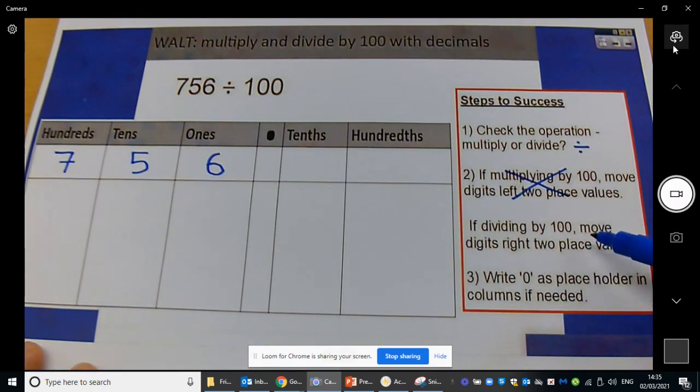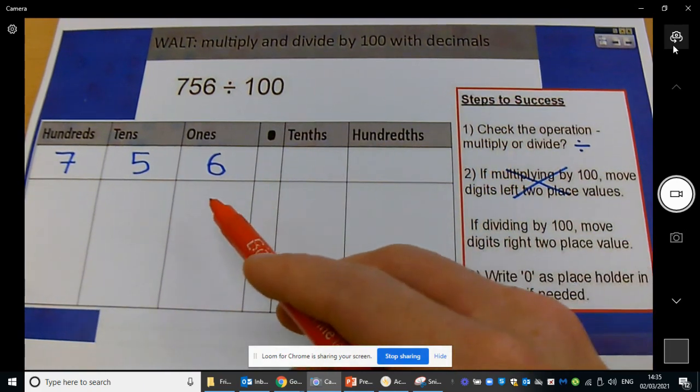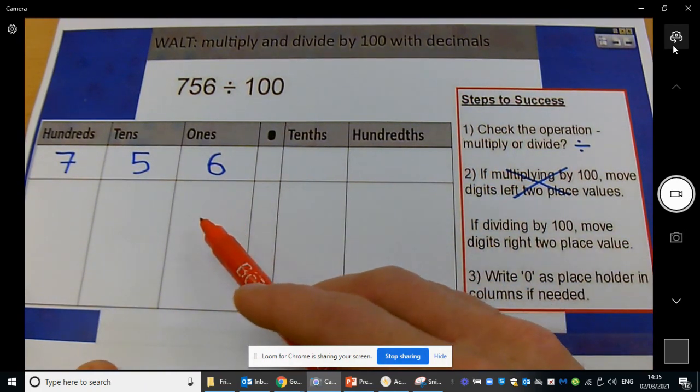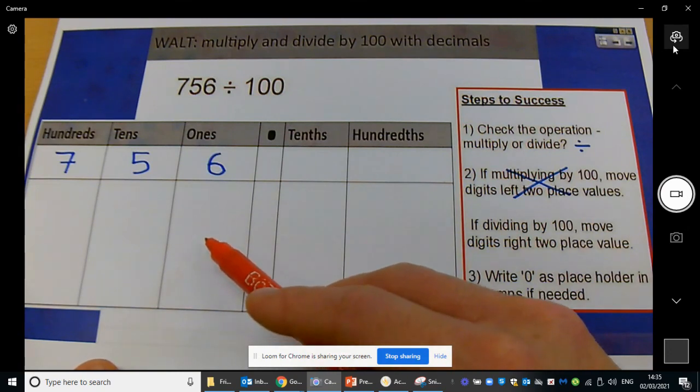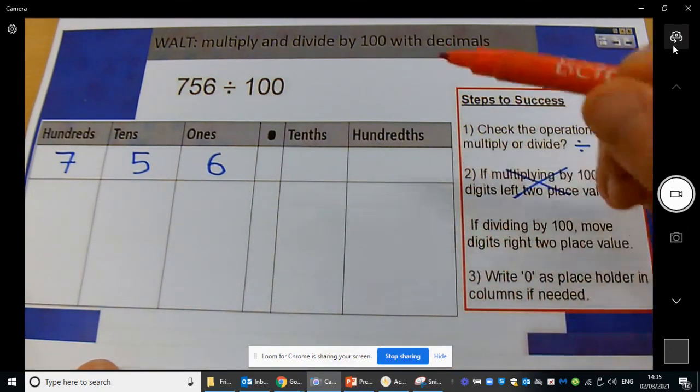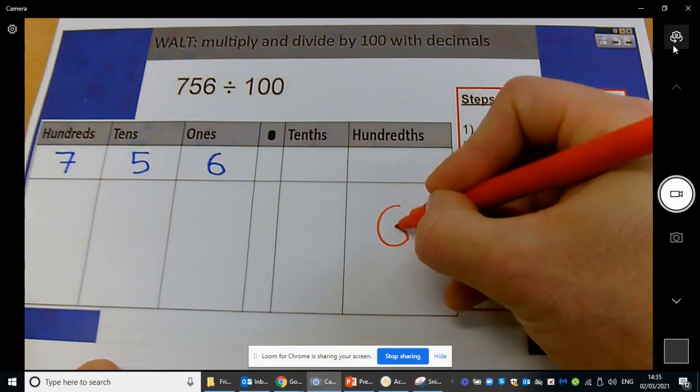If dividing by 100, move the digits right 2 place values. Now, does that apply to us? Yes, it absolutely does. We are dividing by 100, so we need to move those digits right 2 place values. So the 6 ones are going to become 6 what? 1, 2, they're going to become 6 hundredths.